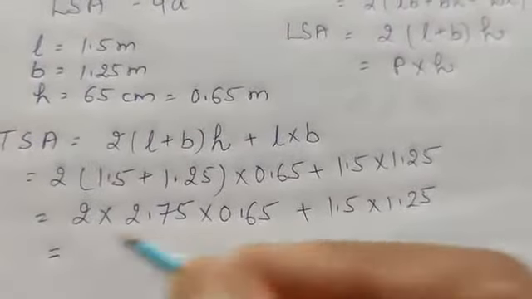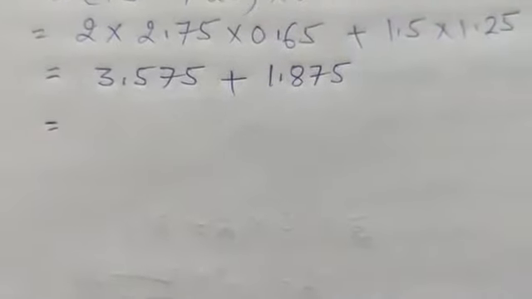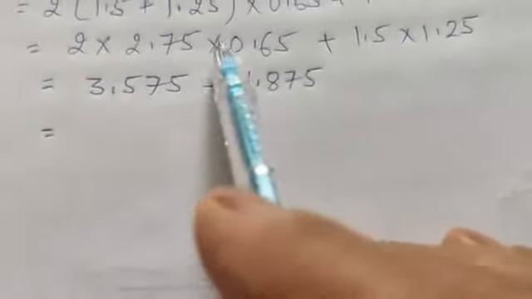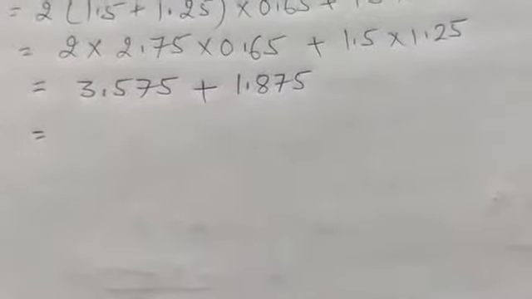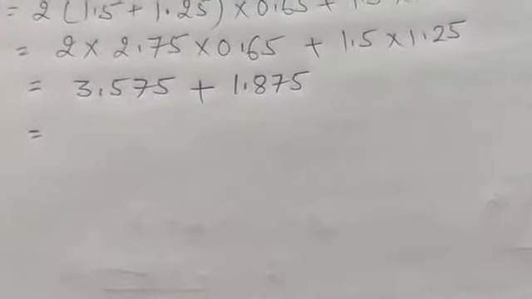Now solve. 2 into 2.75 into 0.65, and 1.5 into 1.25. Now adding this we get 5.450 meter square.